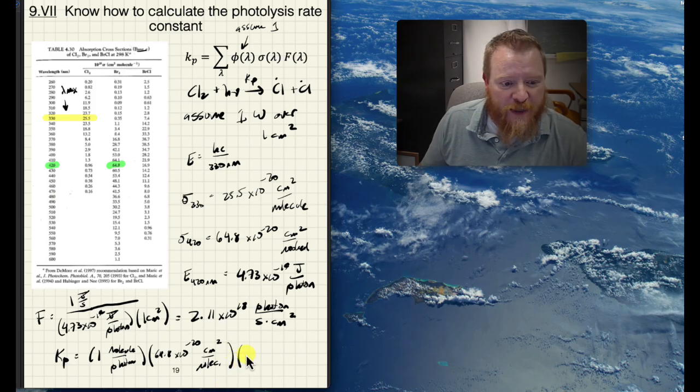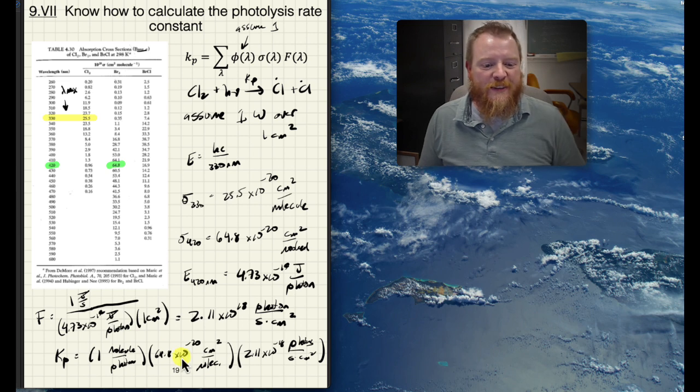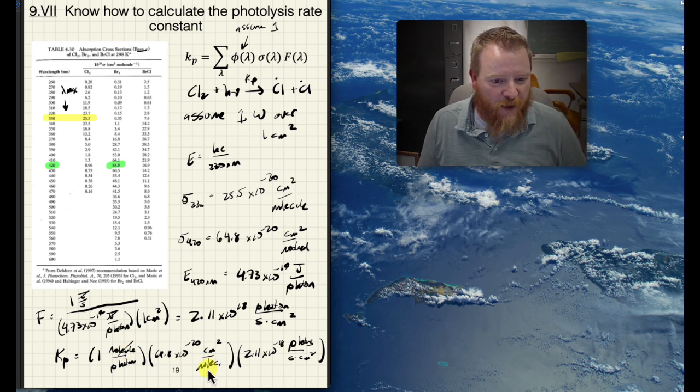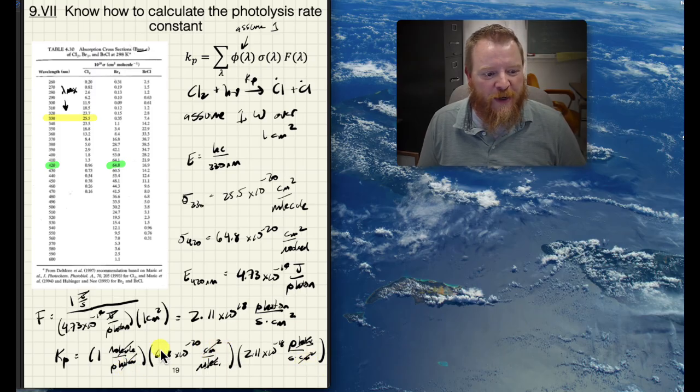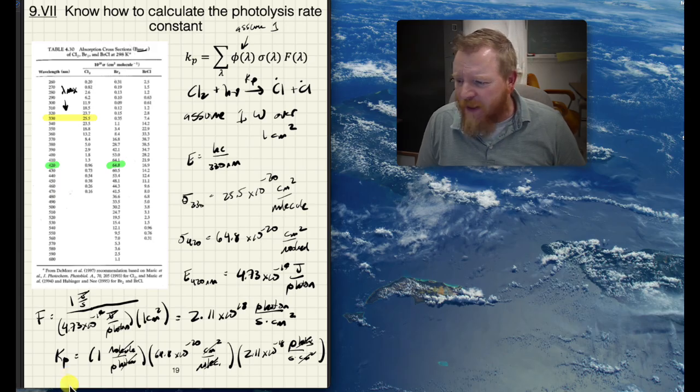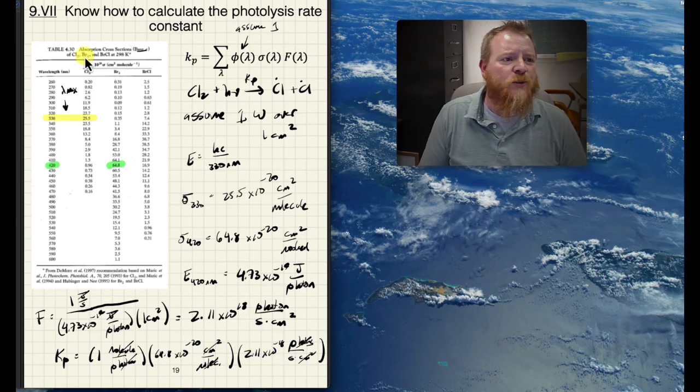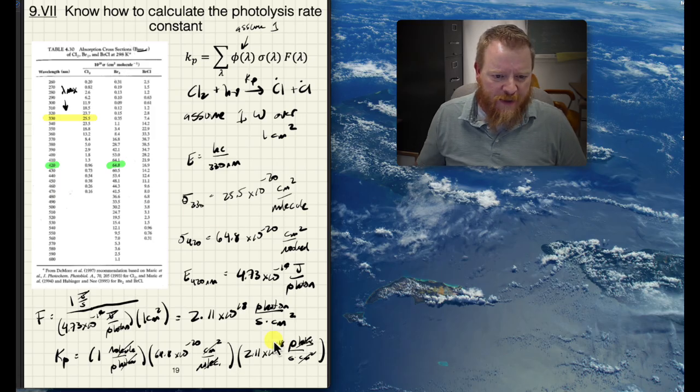And then times the flux that we just calculated, 2.11 times 10 to the 18 photons per second per square centimeter. What we can see here is the molecule and the molecule units cancel, the photon and the photon units cancel, the square centimeter and the square centimeter units cancel, and we're left with 1 over seconds. If we carry out that calculation, that's to the minus 20 and to the positive 18.